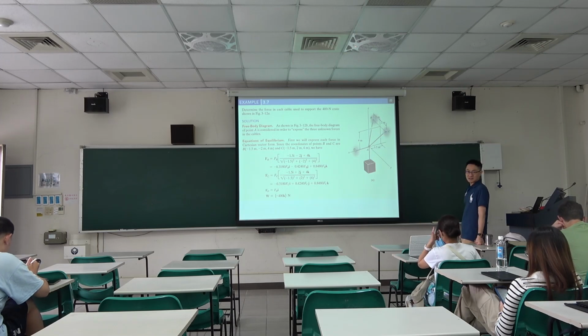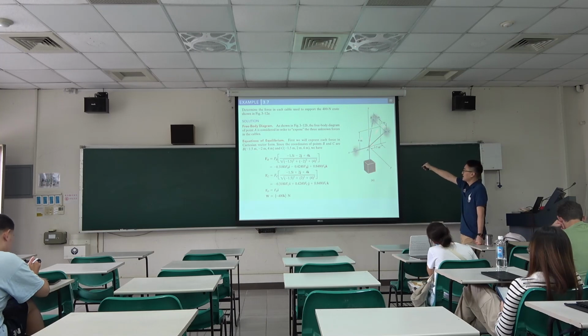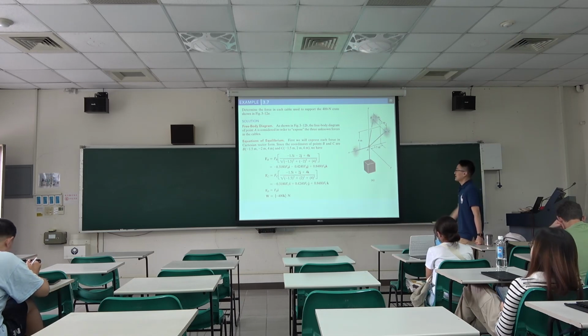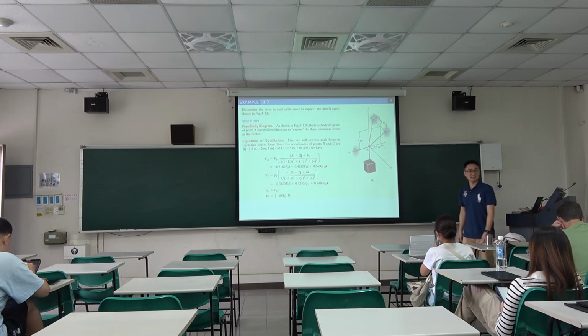To solve this equation, we have 3 unknowns. The 3 unknowns are the force I define as AB, force AC, and force AD. So we can present AB, AC, and AD using Cartesian vector.